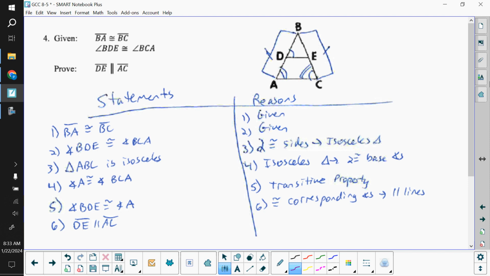Angle BCA gets marked up twice, which tells us to do transitive property. So now we have angle BDE and angle A congruent, which would be these two angles right here. Well, notice in their intersection, they're both in the top right. So those are congruent corresponding angles that would then imply parallel lines.